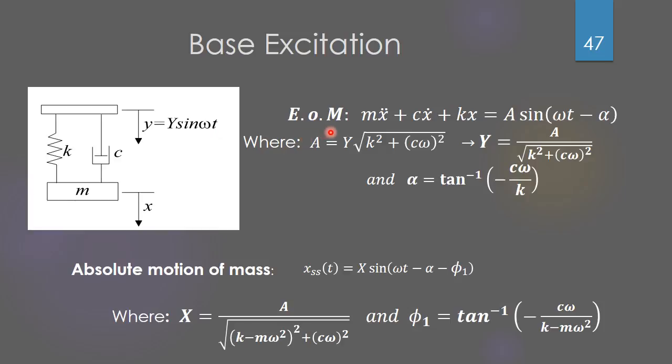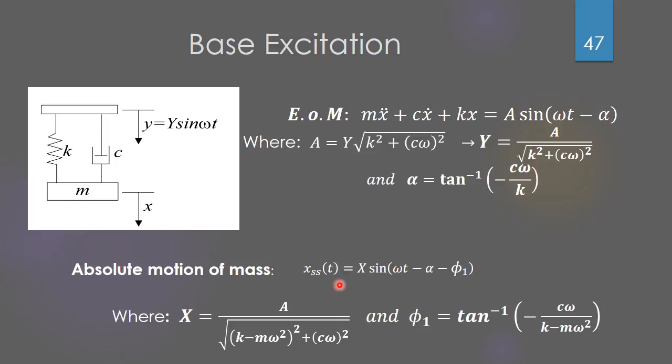For this particular system here, we got the equation of motion. Then we solve for the solution. We have the base A equal the amplitude, square root of k squared plus c omega squared, and from this we got the amplitude value, which is equal to A over the square root of k squared plus c omega squared, and we got the angle too.